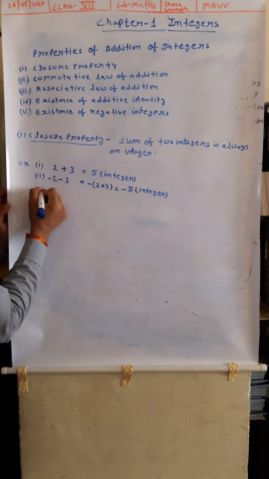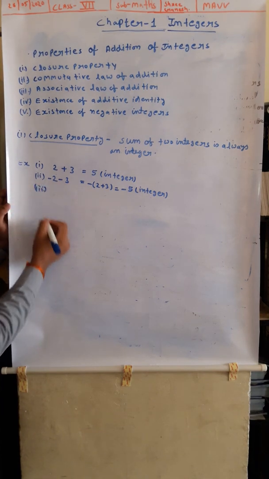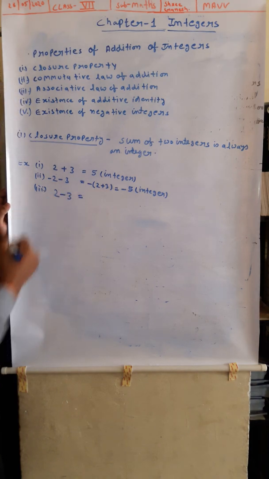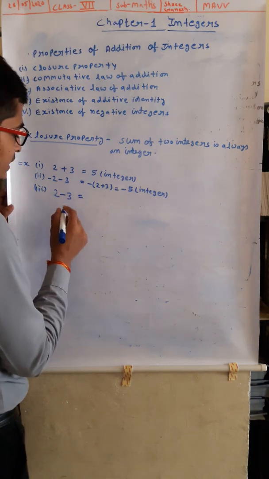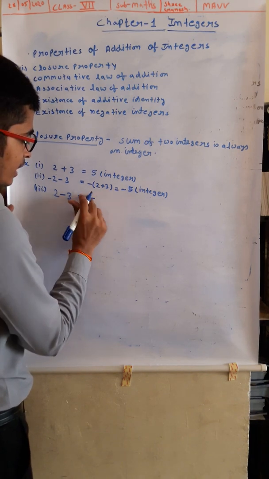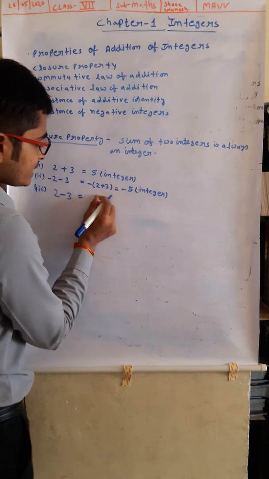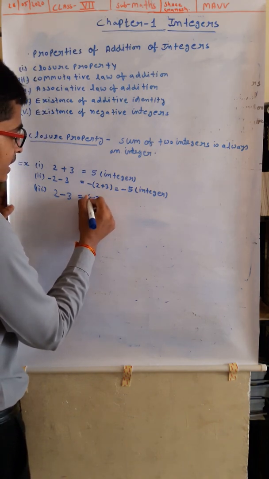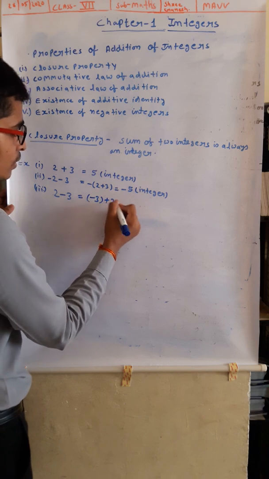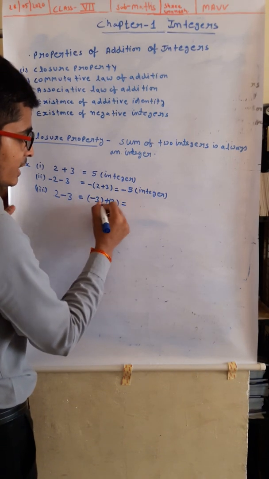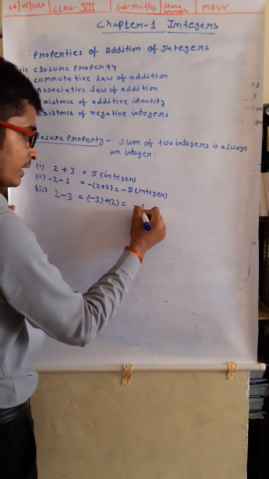Now suppose you are adding 2 minus 3, so you will get minus 1. How will you add these? You will add in such a manner, minus 3 plus 2. It means 2 minus 3, it means minus 1.